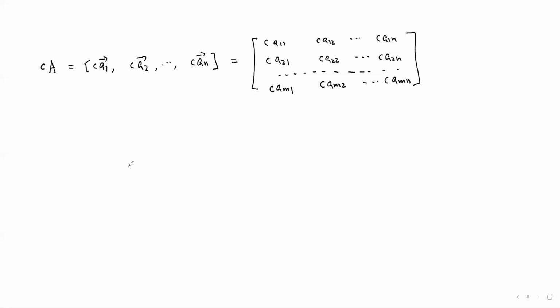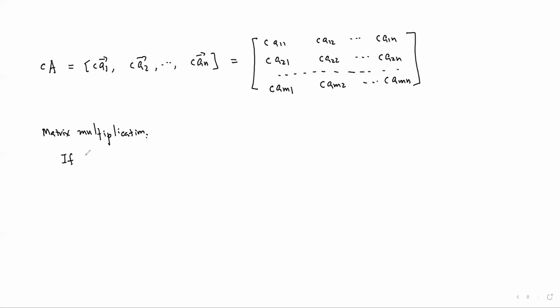A matrix times a matrix, matrix multiplication. All right. Here, the definition.